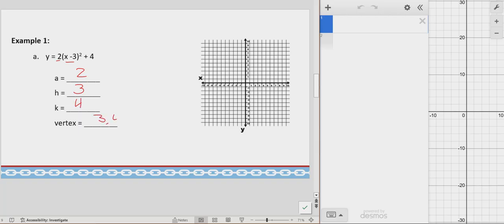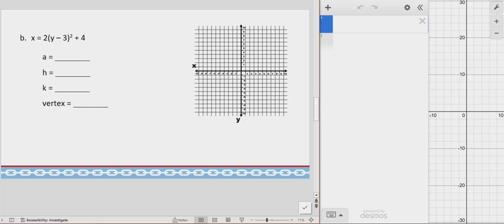So my vertex is going to be at 3 comma 4. And so over 3, up 4. And the general shape of this is going to be a happy upward opening parabola. We could use Desmos or our TIs to get some more accurate data. But I want you to get this concept of getting the vertex from this equation and determining the opening.